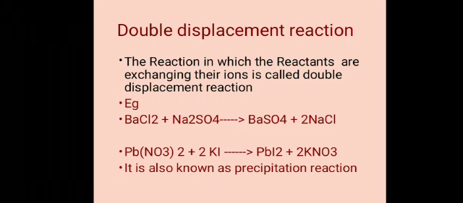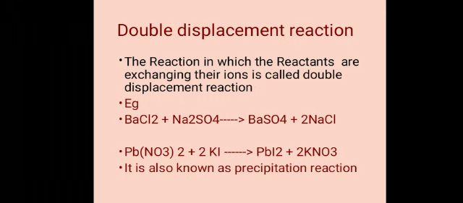BaCl2 splits into Ba2 plus ion and Cl minus ion. Like that, Na2SO4 splits into Na plus ion and SO4 2 minus ion. So these reactants exchange their positive and negative ions, and as a result we get two products, BaSO4 and NaCl. Out of these two products, one product does not dissolve in water, so it forms as a precipitate. And here BaSO4 is the precipitate.